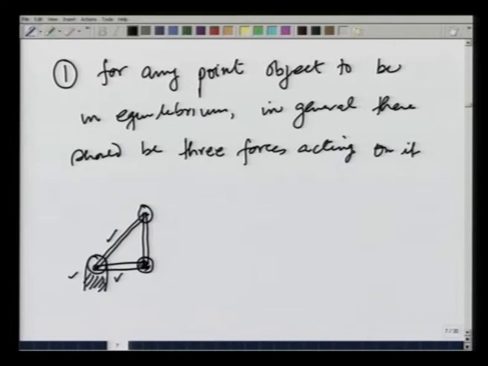I could do that by providing one more rod here, which provides 3 members, 3 forces to this point, and then make one rod here, so that this point is also under 3 forces, and make a joint here. However, the moment I do that, this joint is only under 2 forces.